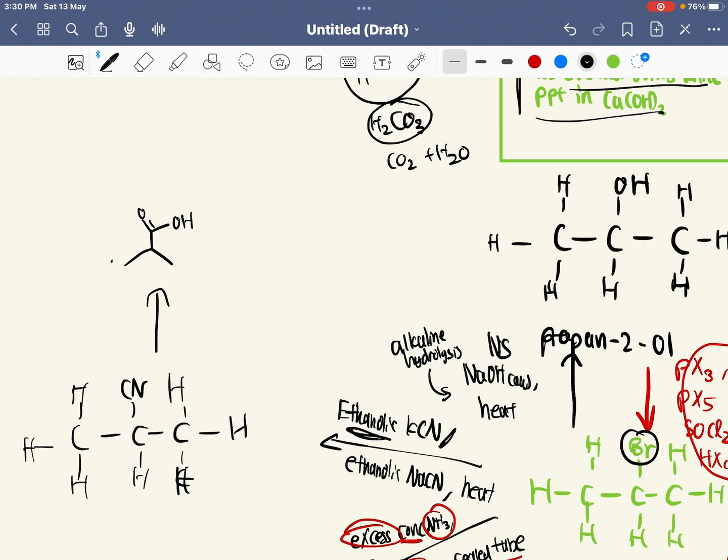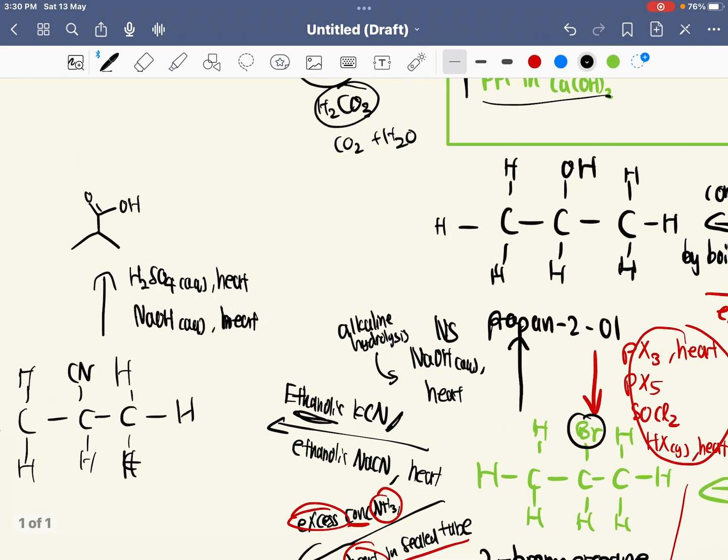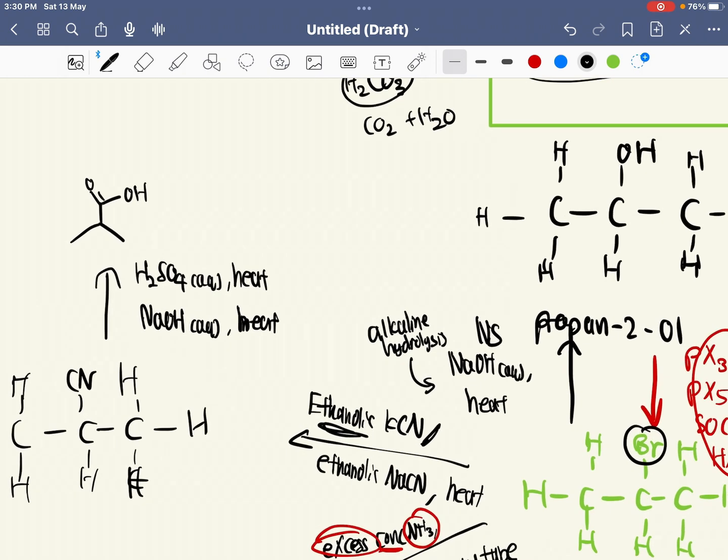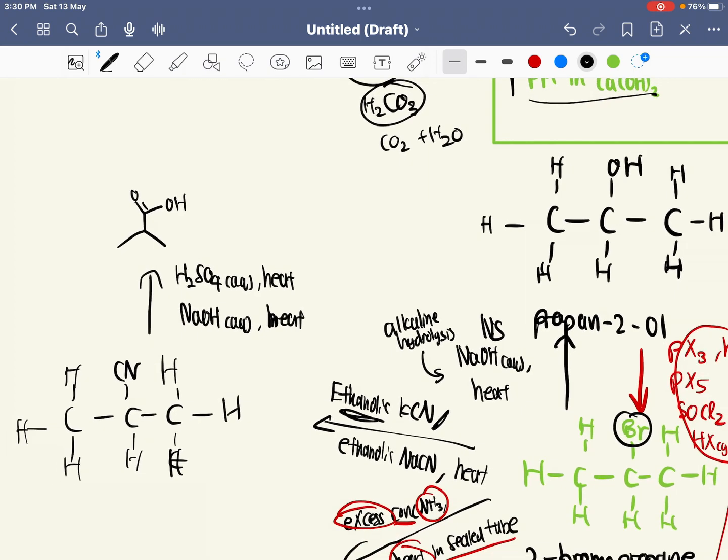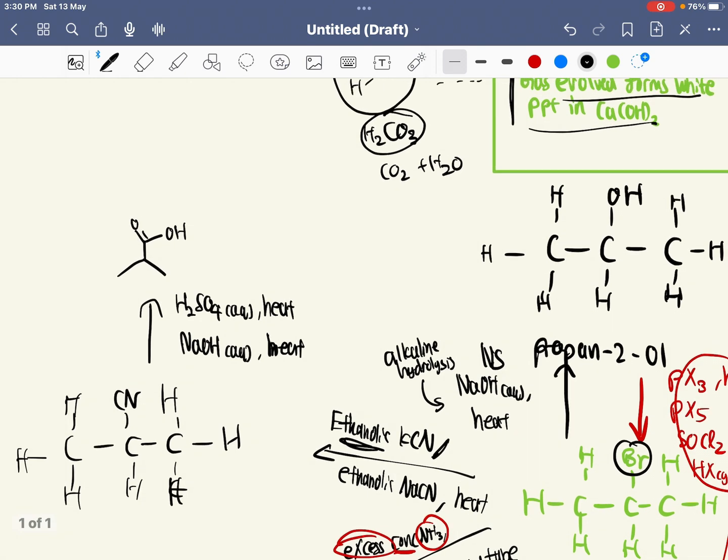We form a carboxylic acid when we undergo acidic hydrolysis. Acidic hydrolysis uses sulfuric acid, aqueous, heat. Or if you want alkaline hydrolysis, you can use NaOH aqueous, heat. Remember I said earlier that we can convert RX to alcohol using NaOH aqueous heat, that's nucleophilic substitution. Similarly for alkaline hydrolysis, we use NaOH aqueous and heat.